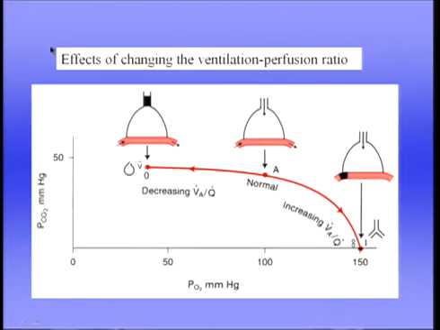So this is a very powerful line, this ventilation perfusion ratio line, and I'm going to show you now how this can affect gas exchange in a lung. And what we're going to be talking about now is the normal upright human lung. Now I should emphasize that ventilation perfusion inequality is not a serious problem in the normal lung.